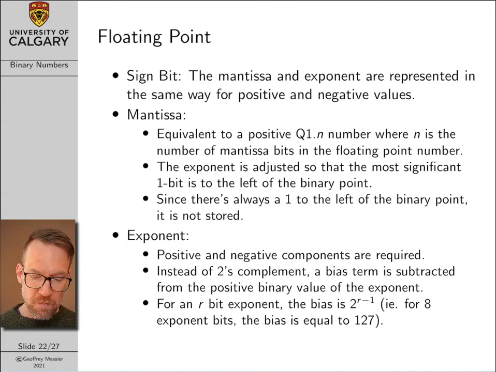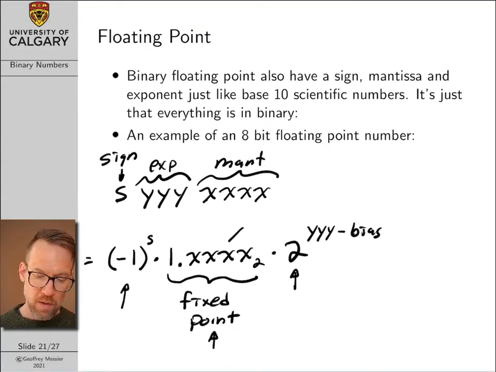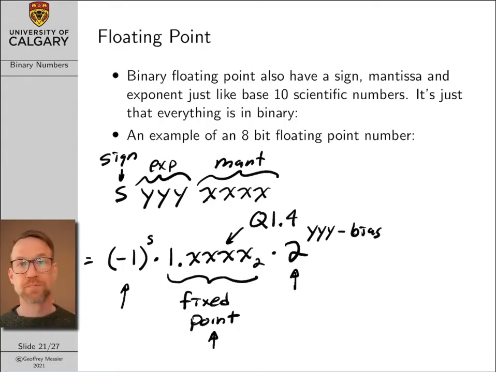The mantissa is equal to a positive fixed point number, a q1.n number, where n is the number of mantissa bits in the floating point number. So if we go back to our example here, this would be equivalent to a q1.4 fixed point number. That's how we represent the mantissa.